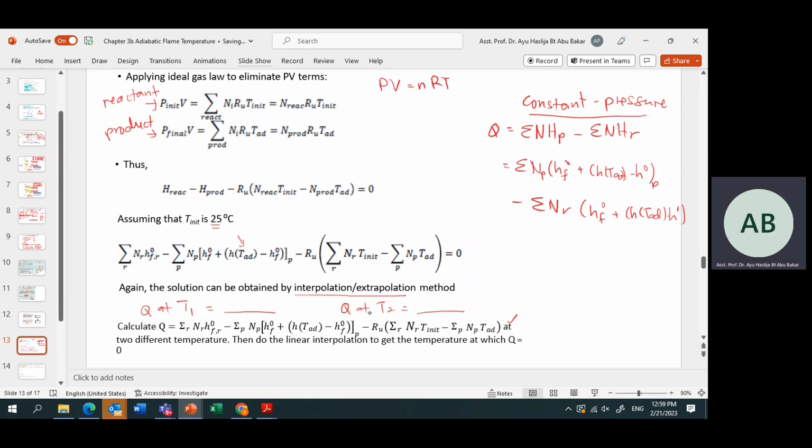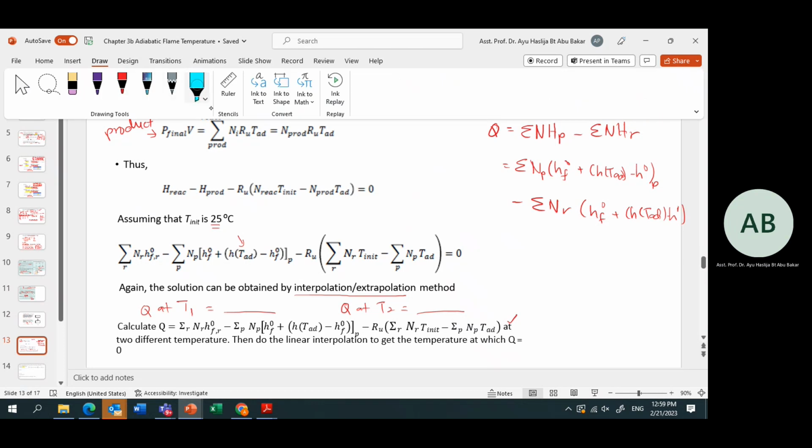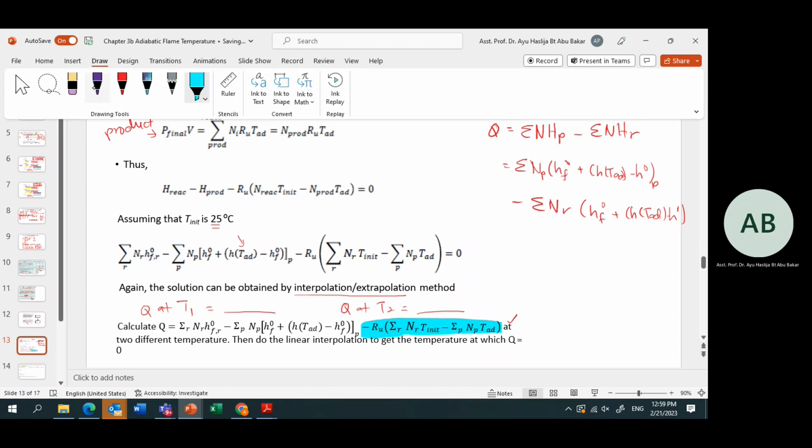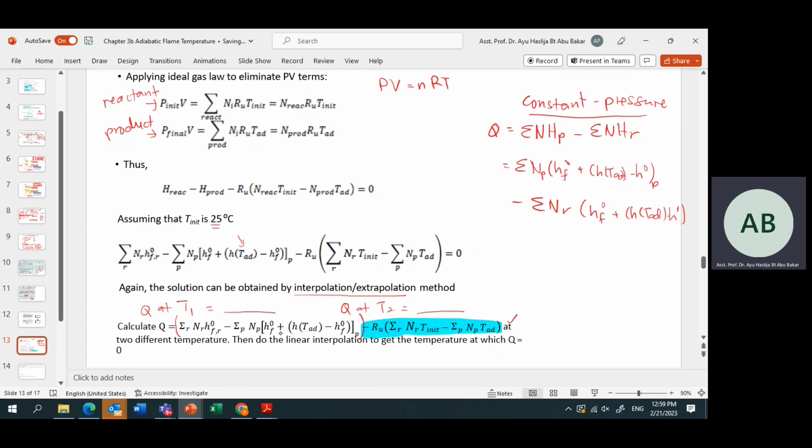But now for constant volume, it involves this part, the RU and the NT part. The first part is similar to constant pressure, this one.